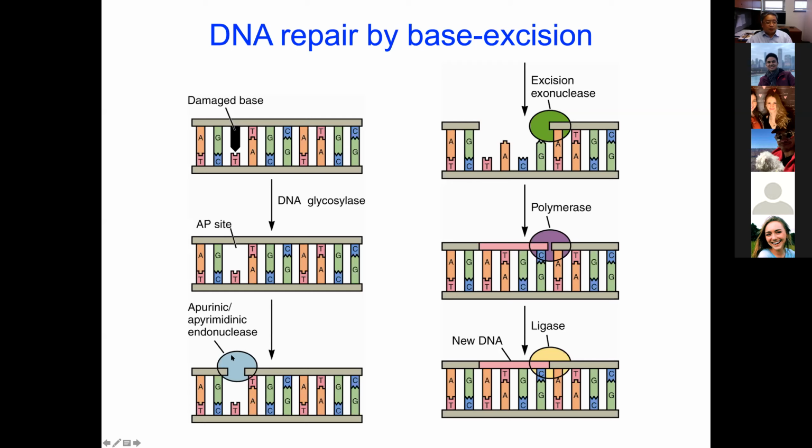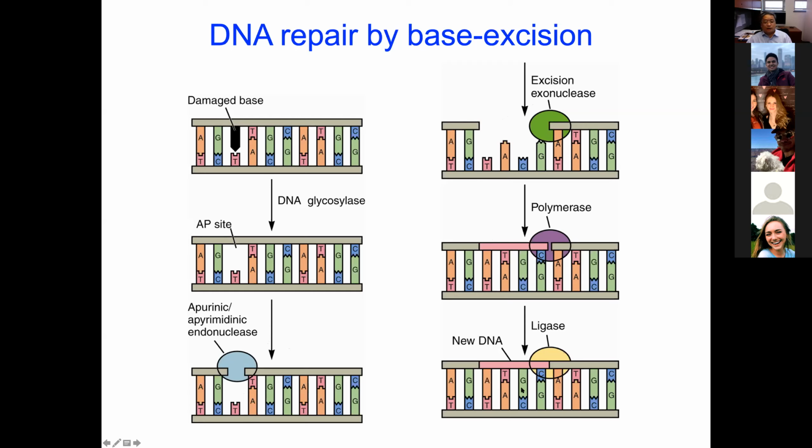And then the endonuclease, which specifically recognizes the abasic region, will cut open the phosphodiester bond, and then an enzyme will remove a small stretch of the DNA. And then the DNA polymerase will come in and synthesize a new piece of DNA, and eventually the DNA ligase will connect those fragments together.